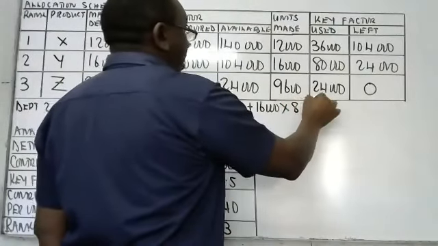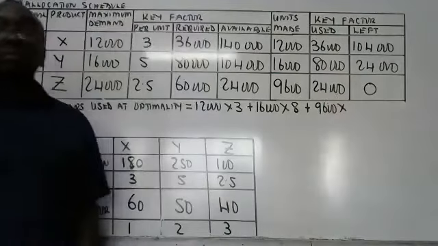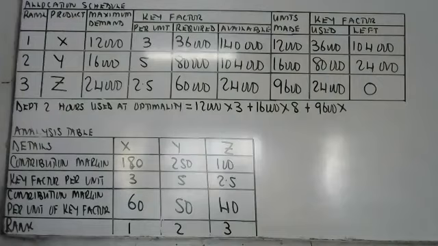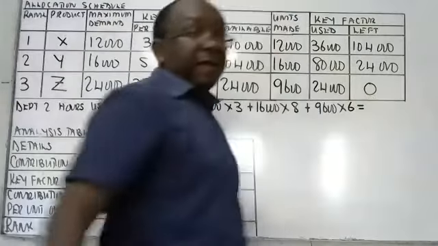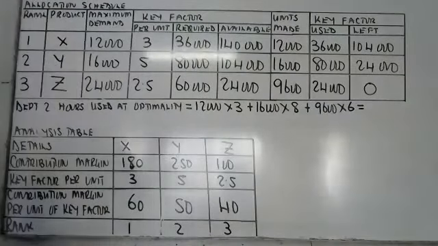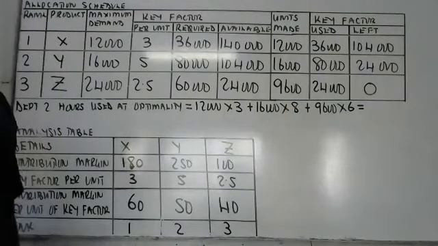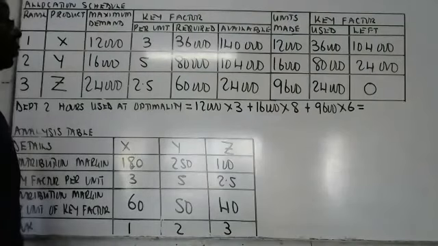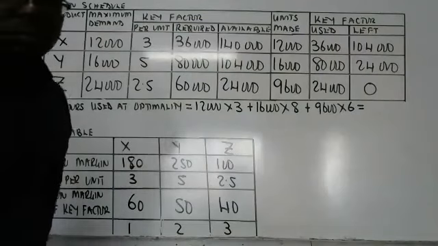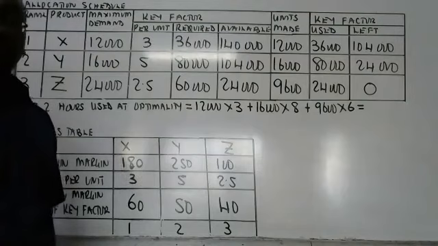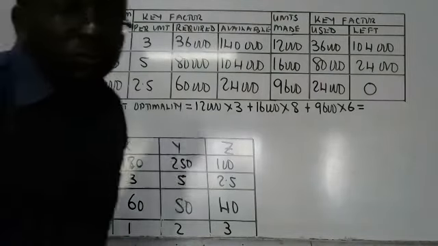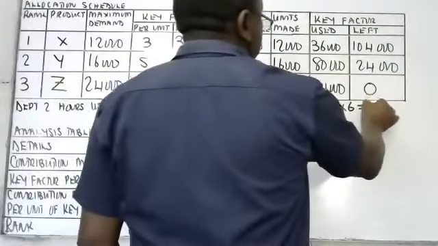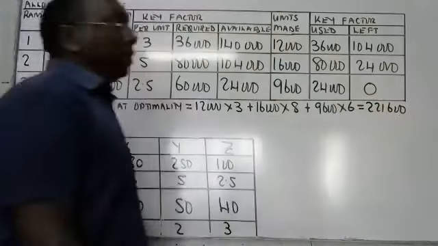Then hii mwingine tumesema ni 9,600, and each is taking 6. So multiply to 21,600.